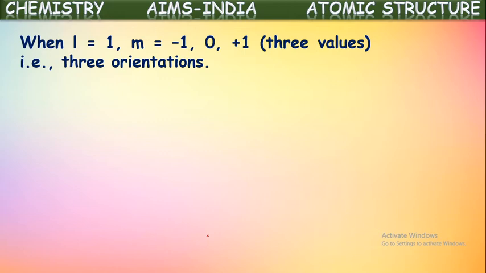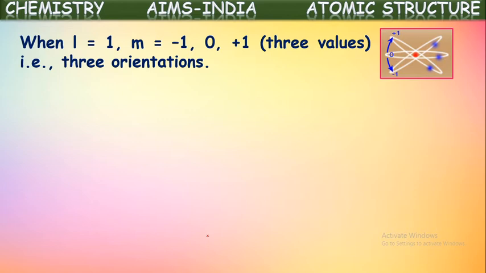That means there are 3 orbitals in the p subshell, whereas the s subshell has only one orbital. One will be along the x-axis, another along the y-axis, and the third along the z-axis.